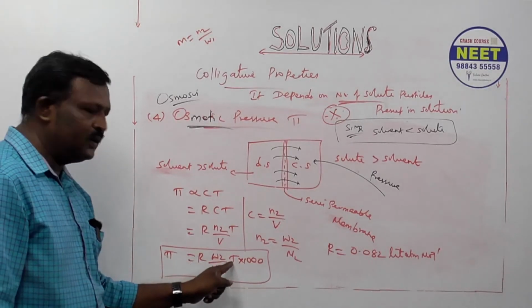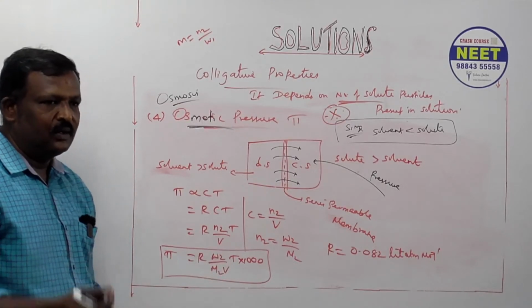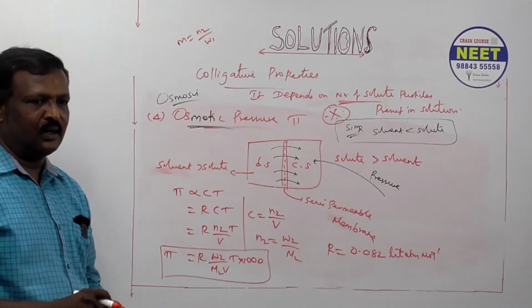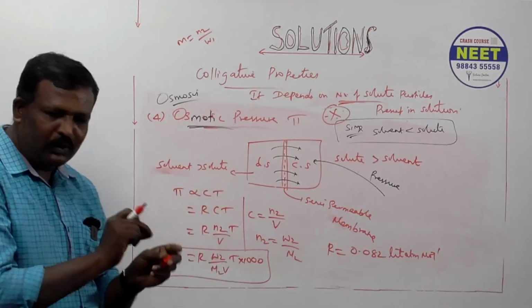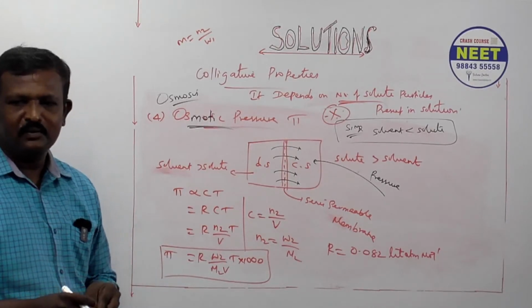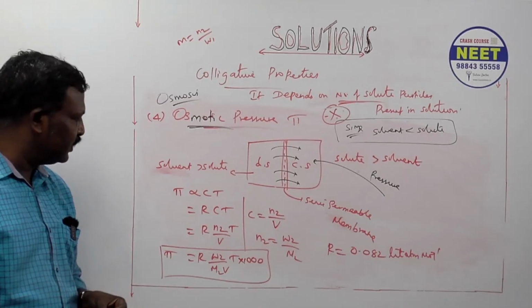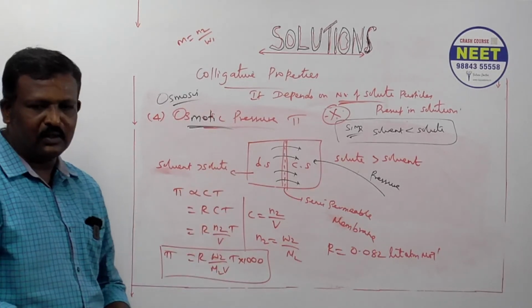Temperature should always be in Kelvin. 27 degrees Celsius means convert into Kelvin: 27 plus 273, 300 Kelvin. All the methods you see are sums, that's all. How the sum is going, what's the formula, which one is W2, which one is W1, we can understand all this. Understood?